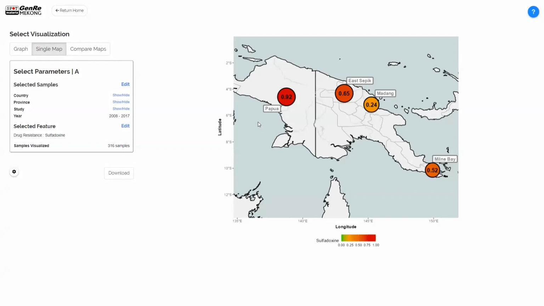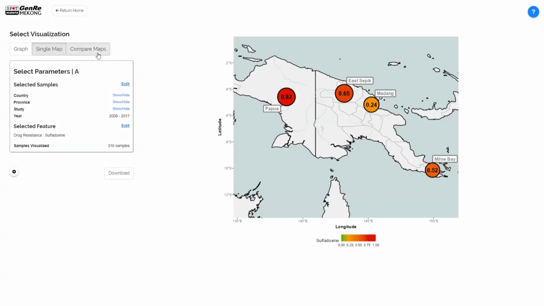Now, as we can see, there's quite high resistance to sulfadoxine all over Papua New Guinea and Indonesia, Papua.